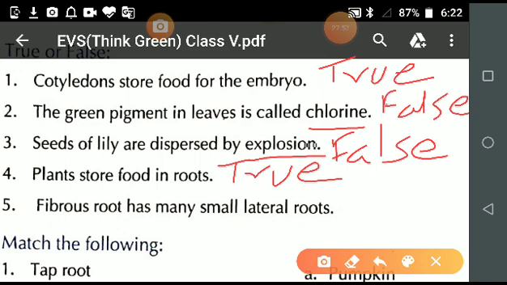They hold the soil, and they also reduce soil erosion. So, question 5. Fibrous root has many small lateral roots. So, this is true.